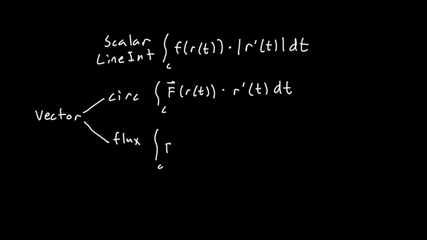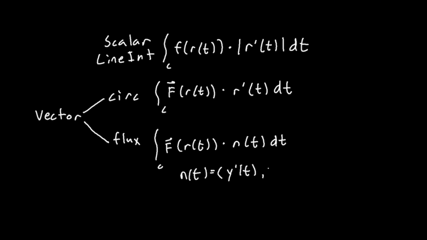How about for flux? Well, for flux, you again parameterize, but this time you dot product with some normal vector. Your normal vector is pretty easy to find. It's the derivative of the parameterization of the y value with the negative derivative of the parameterization of the x value.